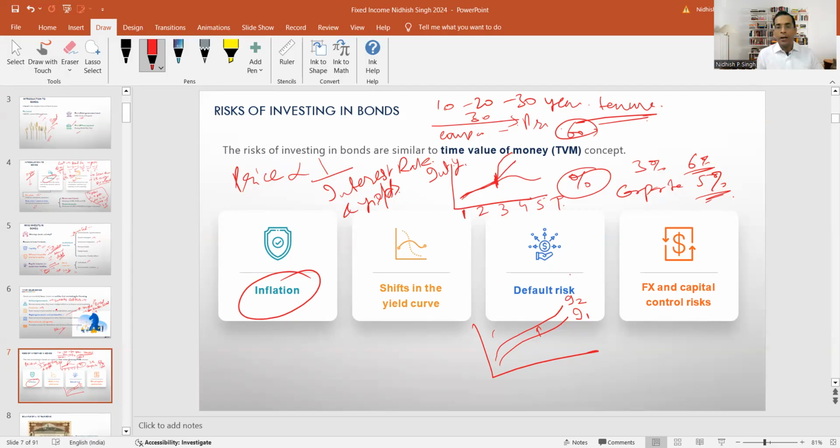And finally, the third key item is the default risk. Again, when we are talking about 10, 20, or 30 years of tenure of any bond, unless this is a government bond or sovereign bond, any company or corporate issuer can default. They can go into financial trouble. Nowadays, we see companies facing a lot of uncertainty in business after the arrival of ChatGPT, a lot of AI and advanced technology and tools.